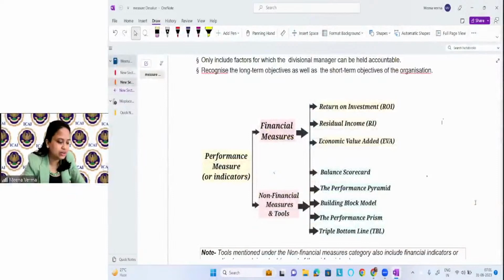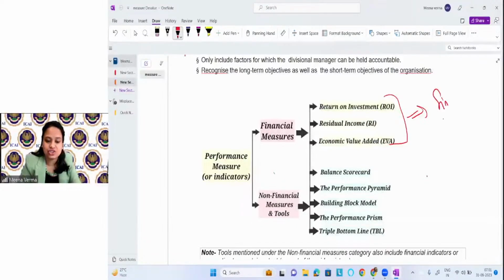So let's continue this topic of performance measurement. We have learned in the last session that in this chapter, we are learning how to measure the performance of an organization. Here we are measuring the performance based on just the financial factors, just by watching the money we are earning.